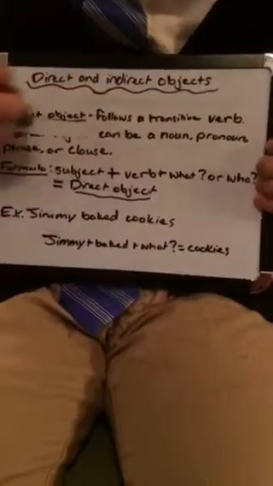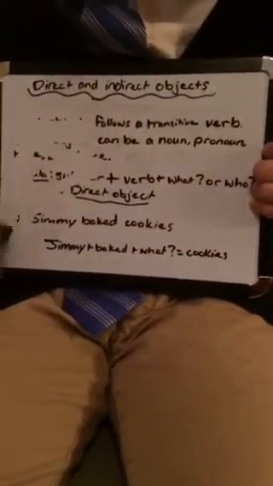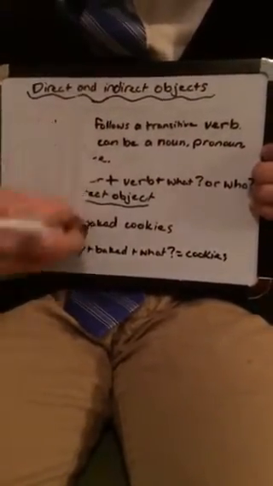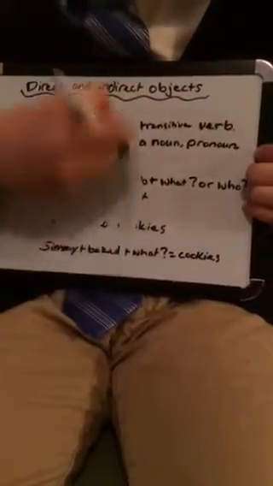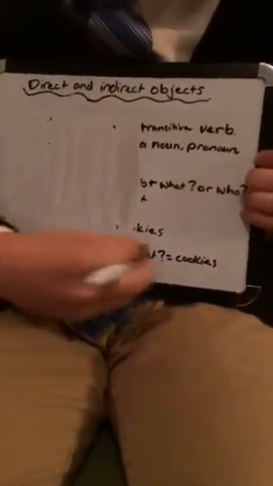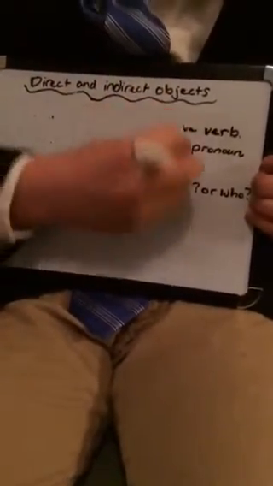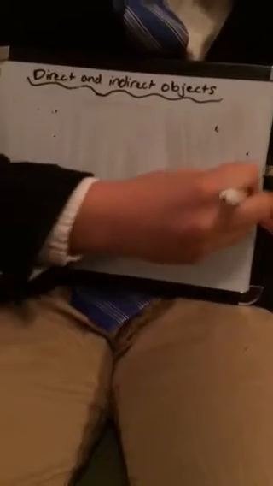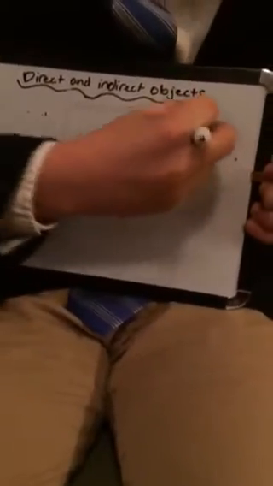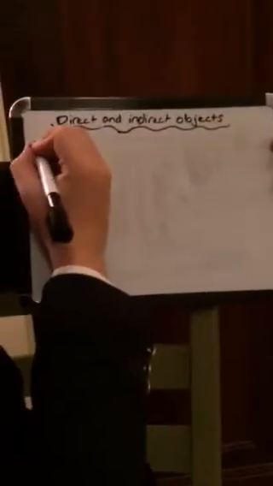Now, I'm going to erase this and teach you about the indirect object of a sentence. Well, before I write down a definition, I can tell you that an indirect object is very rare. Now, it's hard for me to write like this, so I'm going to move the board and then write.